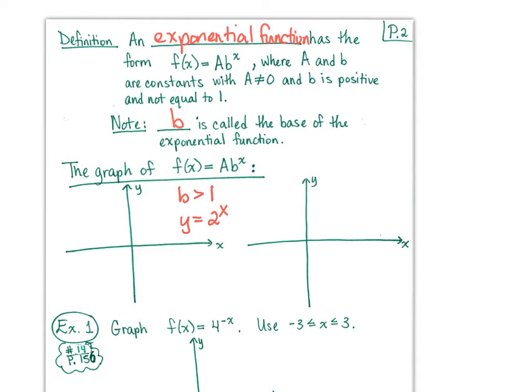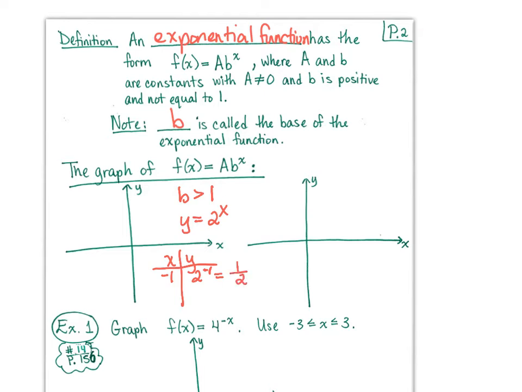So if you set up an XY chart, when x is -1, we have y is 2 raised to the -1. But by our rules on the previous page, what is that equal to? 1 over 2. Very good.